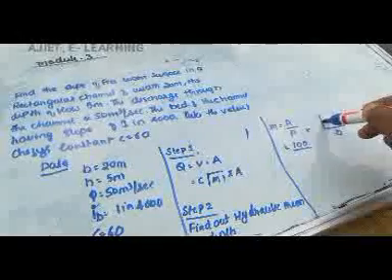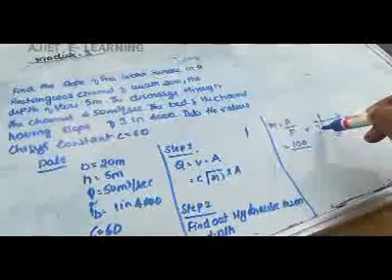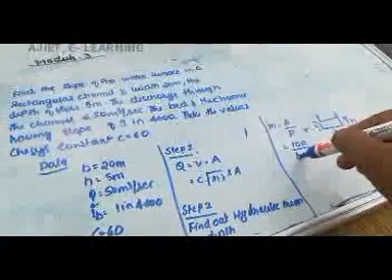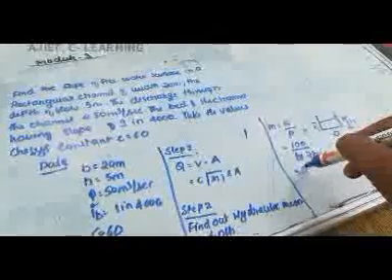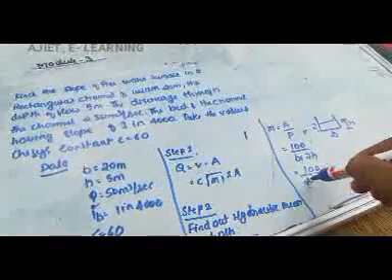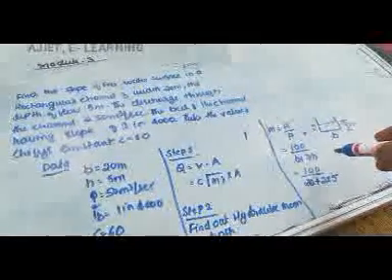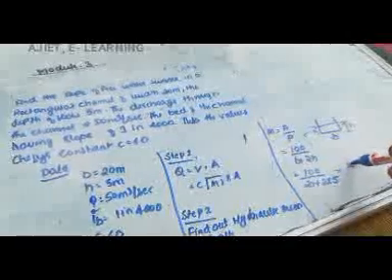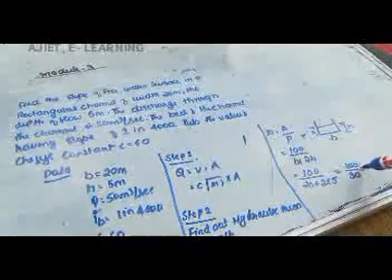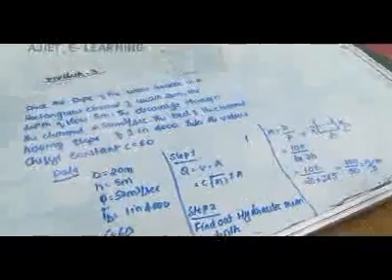Perimeter means wetted perimeter, that two sides. So we can write 100 divided by 20 plus 2 into 5, which is 100 divided by 30, is equal to 10 by 3 meter.